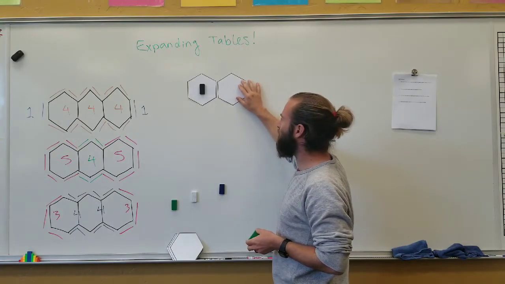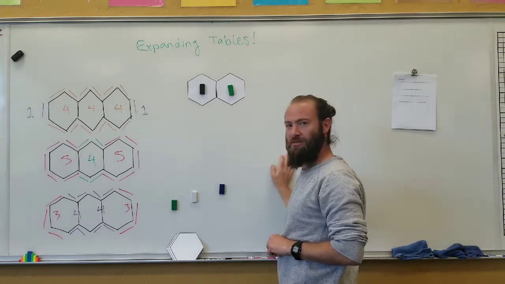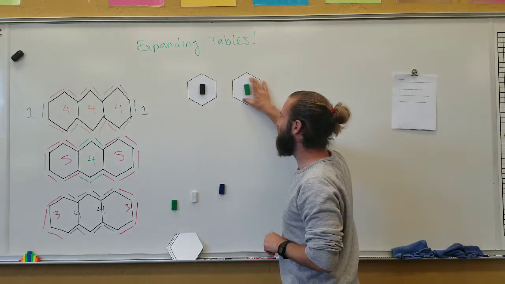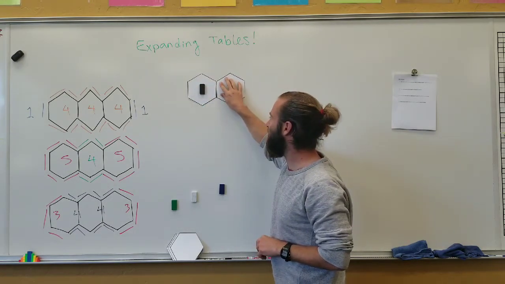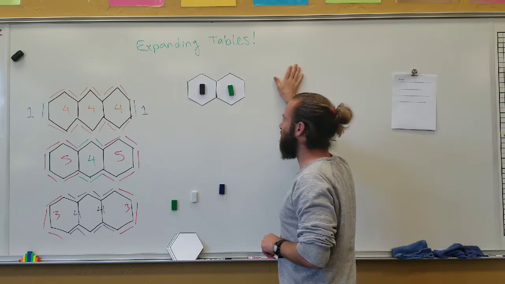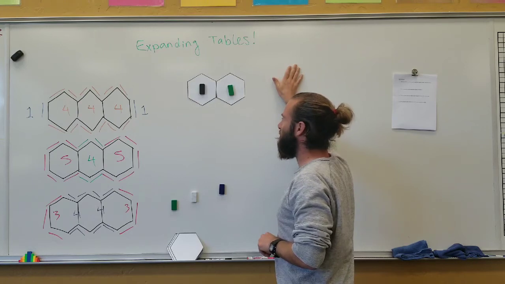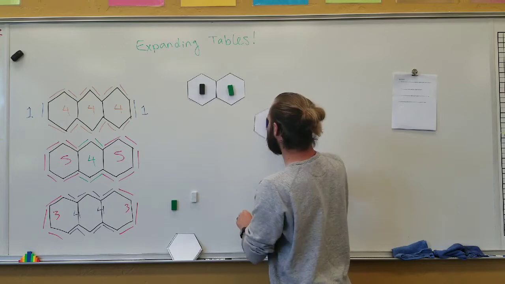So as we put another table here, what's going on with the total number of seats, right? So here's one table, we can seat 6, but one of those 6 has gone out, right? So you can think about, okay, well, how many total are there here? And then you can do the same thing with another table.